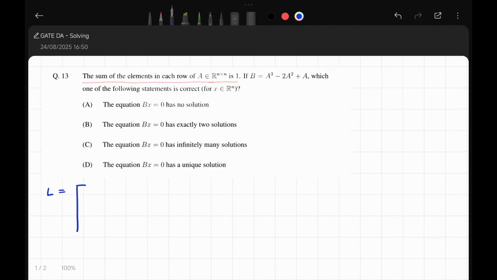I will write like this: 1 1 1 dot dot dot 1. And it is of the same order to be multiplied with A. So it's n rows and one column, n by 1, right?